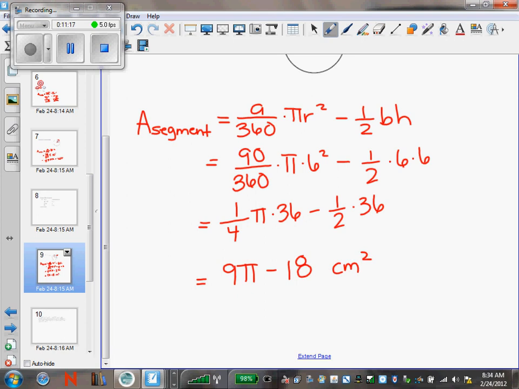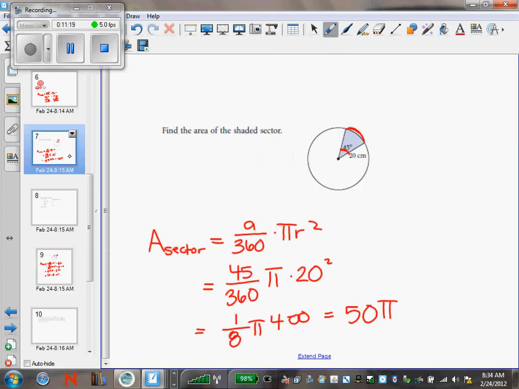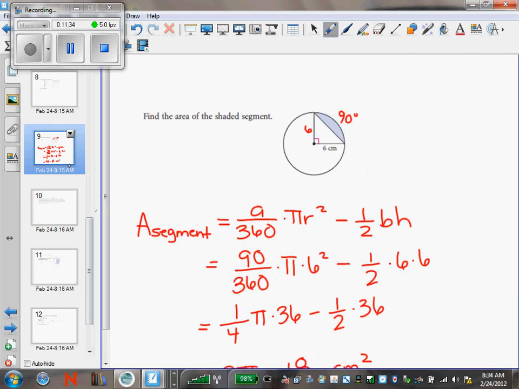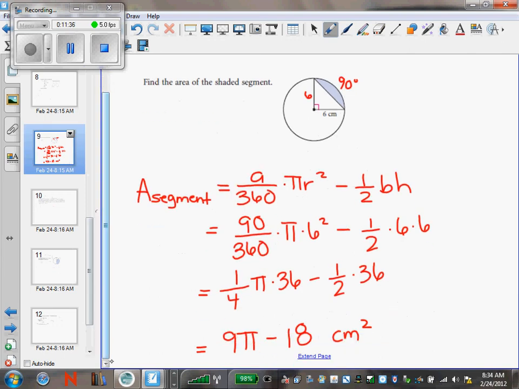Which reminds me, I forgot to put my units on our area of a sector, so let me go back and add centimeters squared. Remember, that is an important piece. I'm sorry I forgot it. So our answer to the segment is 9 pi minus 18 centimeters squared. And that's how you want to leave your answer.